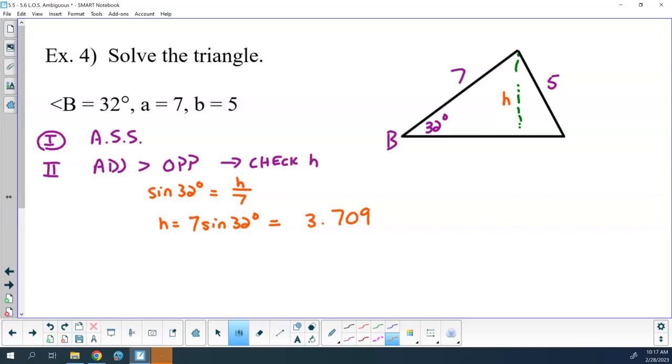So that tells me that I'm comparing H to my opposite side, and my opposite side is bigger than H, yes? So that means I get 2 triangles.